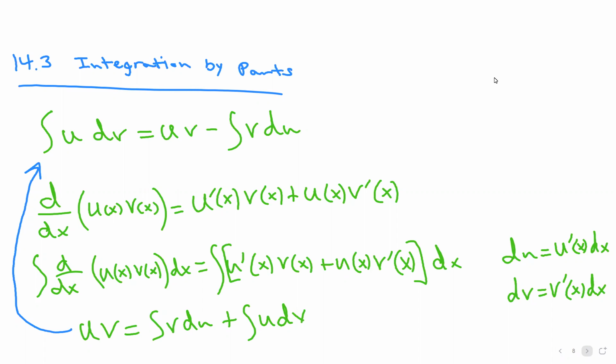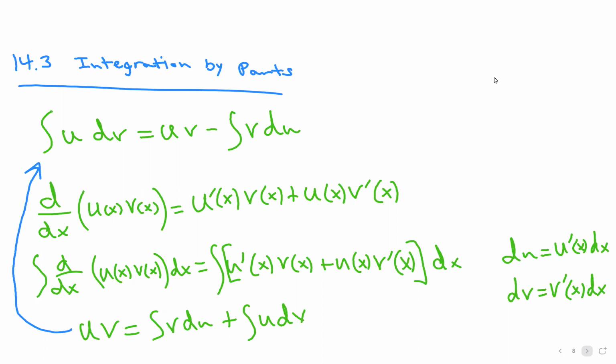And then if you integrate both sides, you'll get the integral of d over dx of u of x v of x with respect to dx, which would be equal to the integral of that product rule that we talked about with respect to dx.